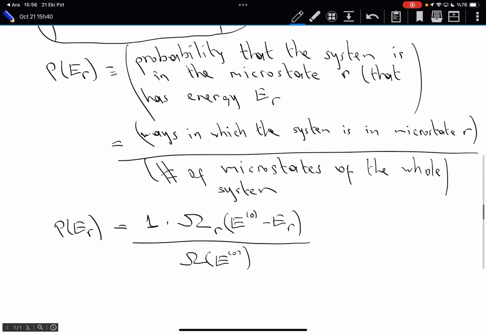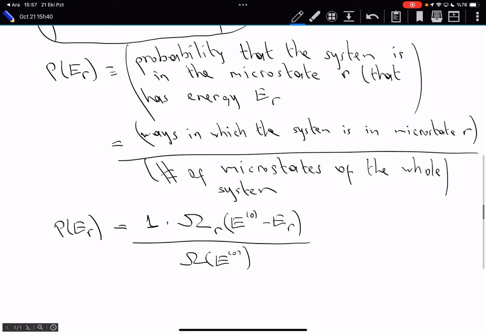I don't understand the factor 1. Sorry. If you have two events, one event will be the microstate of my system. The other event will be the microstate of the reservoir. And then I ask you the question, how many microstates can my whole system, system plus reservoir, be in such that the system I'm studying is in that one microstate?